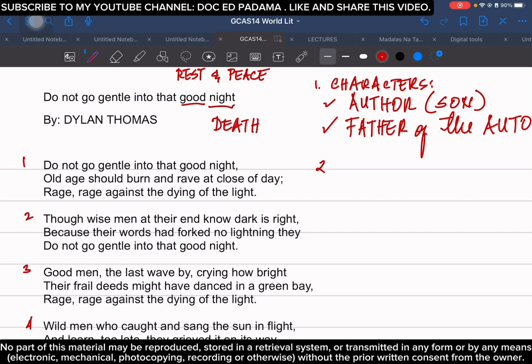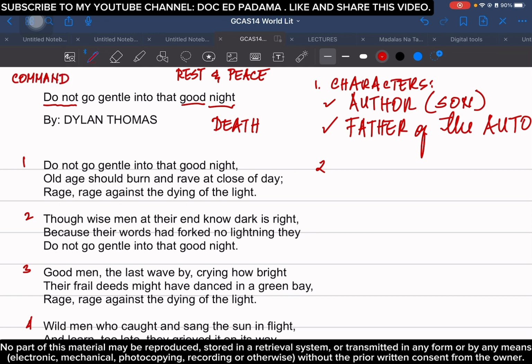which is do not. When you say do not go there, do not do this, do not disobey this one, okay? It is a form of a sentence that usually connotes a command, okay?